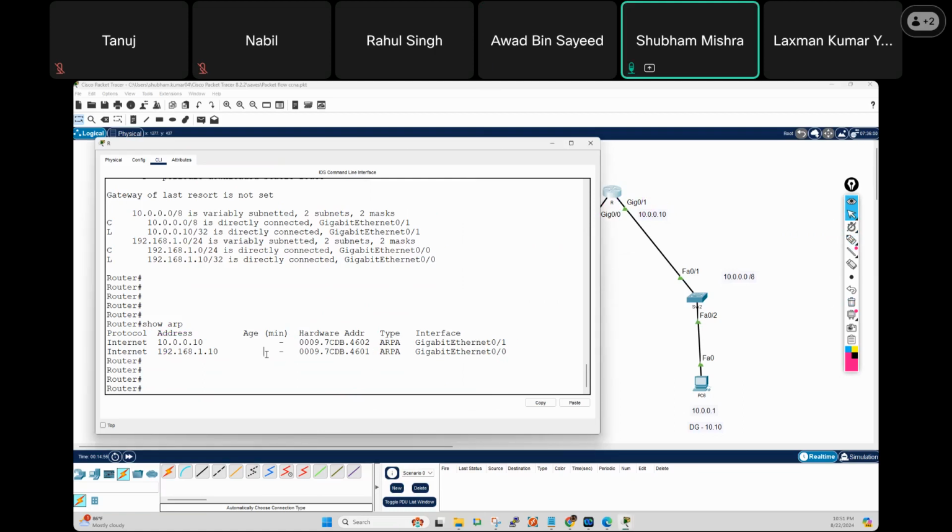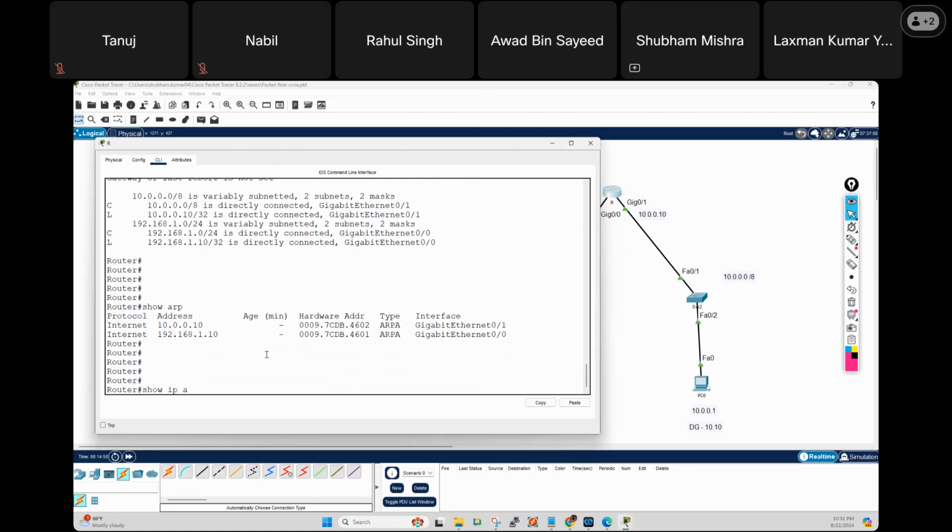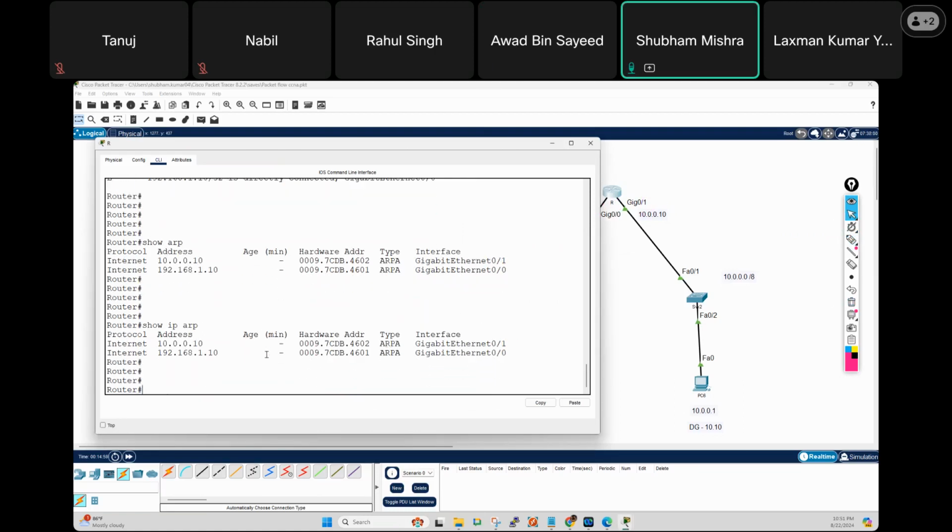Sometimes you can write IP ARP. If you write this one, this is also the same command. Either you can write this one or this one. Both are the same. Clear? Everyone.